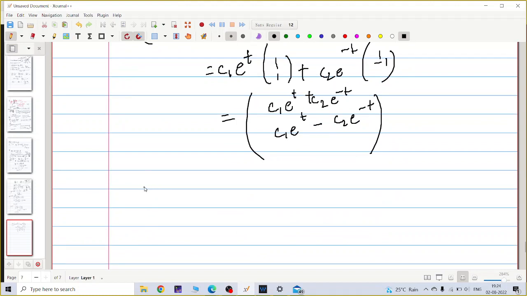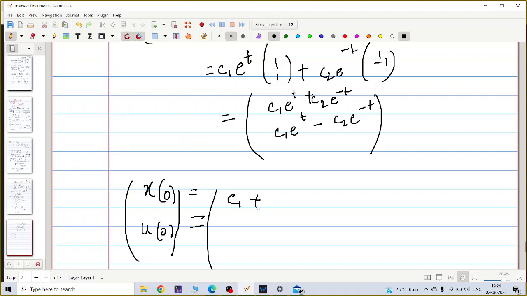So now, what is x of 0? I put t equal to 0 because I will consider the initial value. Initially it is c1 plus c2, and it is c1 minus c2.